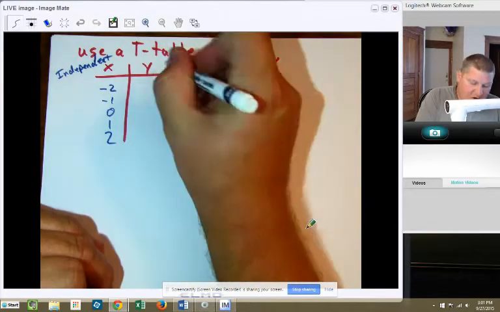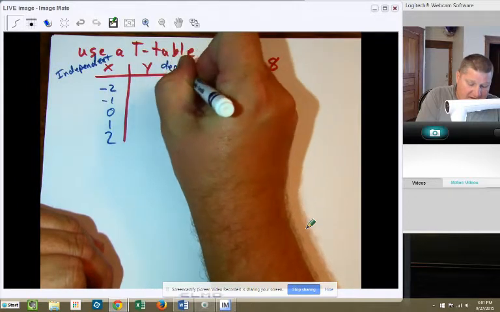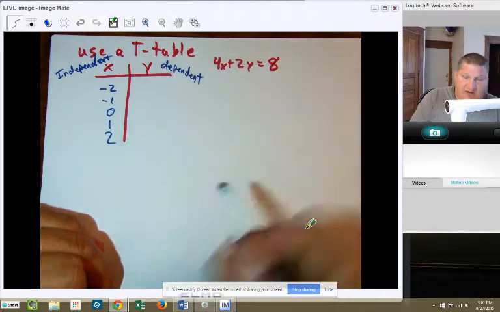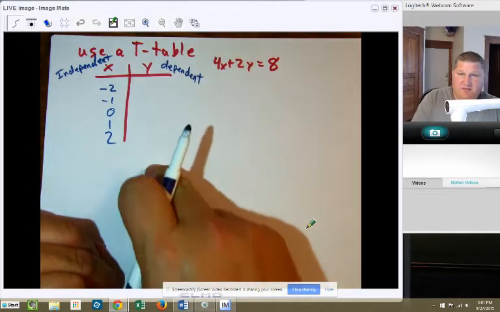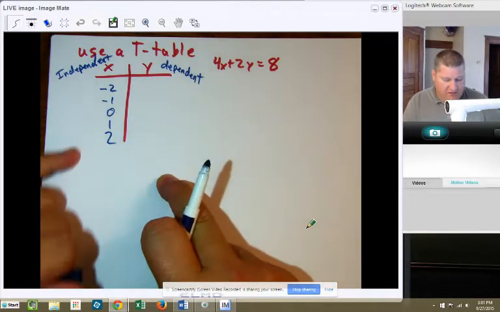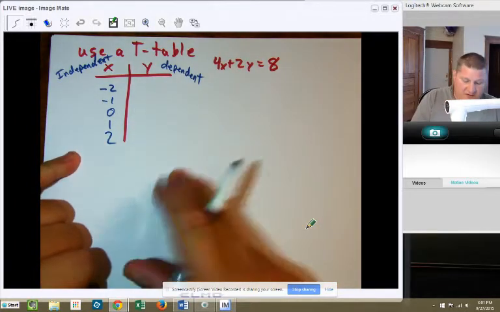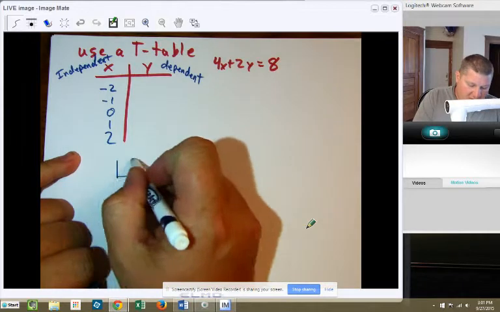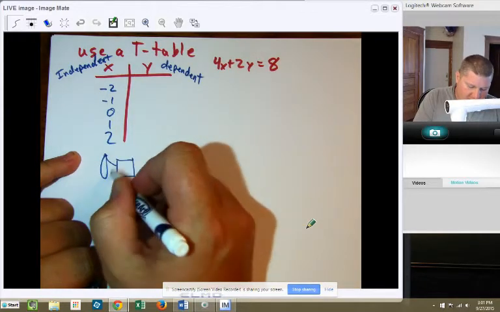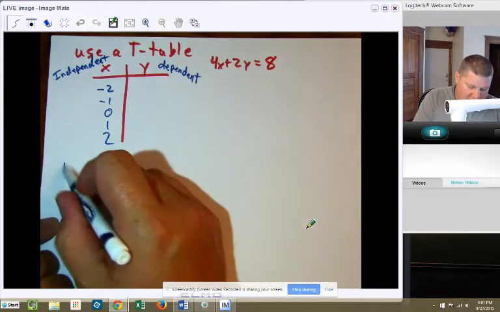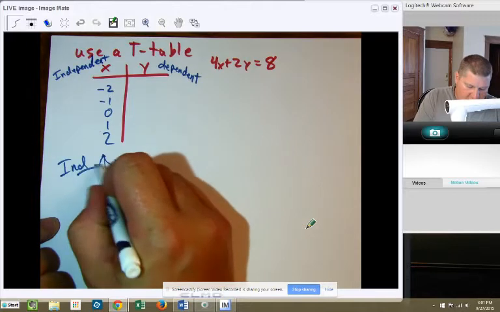Over here, this is called the dependent variable, because a dependent variable depends, comes out of whatever this is. And this has to do with our function system. When we have a function, that means we're going to take an independent variable and put it in.